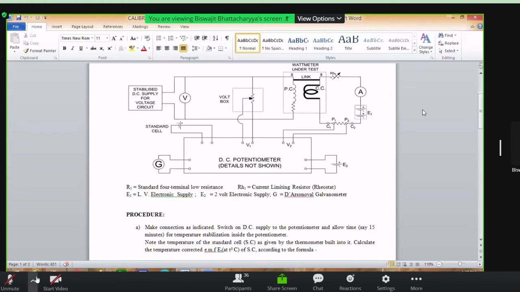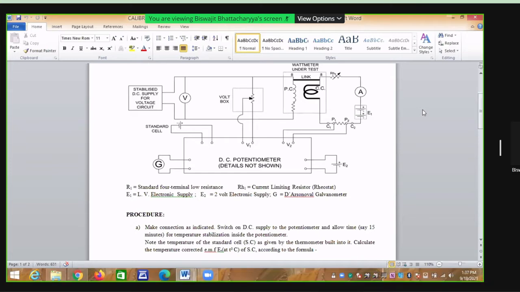My answer is very much incomplete. Why is it incomplete? Because when we connect a link between one side of the pressure coil and current coil, these two sides will be at the same potential, same voltage. True. But what about the other side?